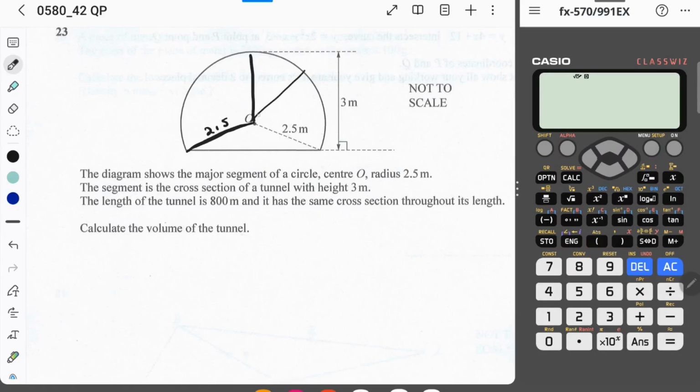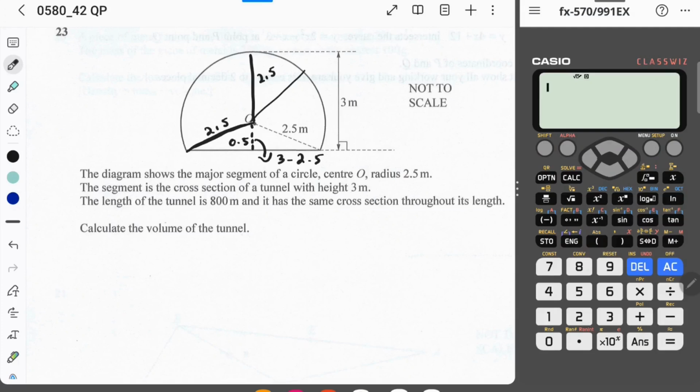This is 2.5 from everywhere, so this is also 2.5, because it became a sector. The rest of the part is 3 minus 2.5, which equals 0.5 meters.